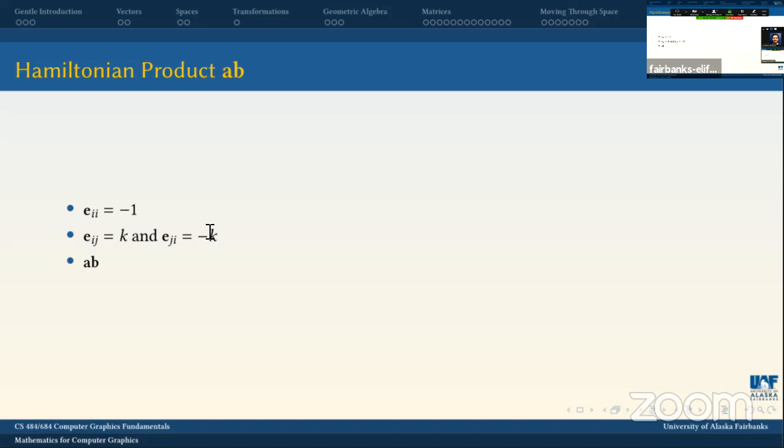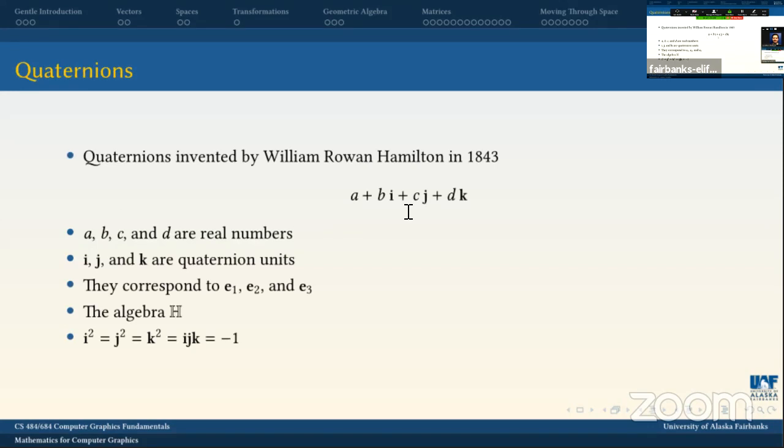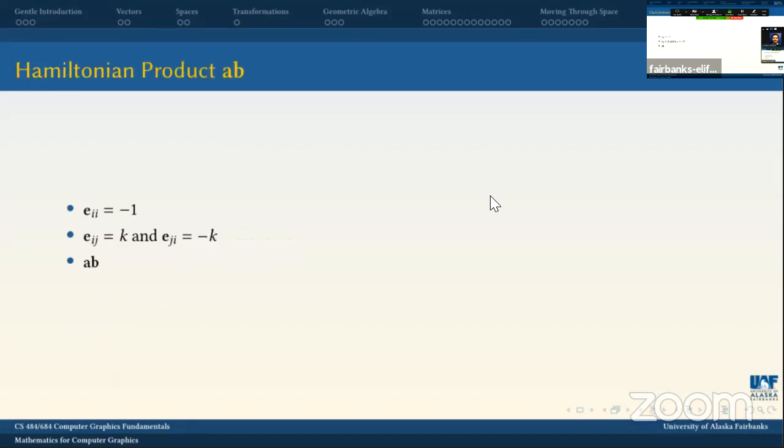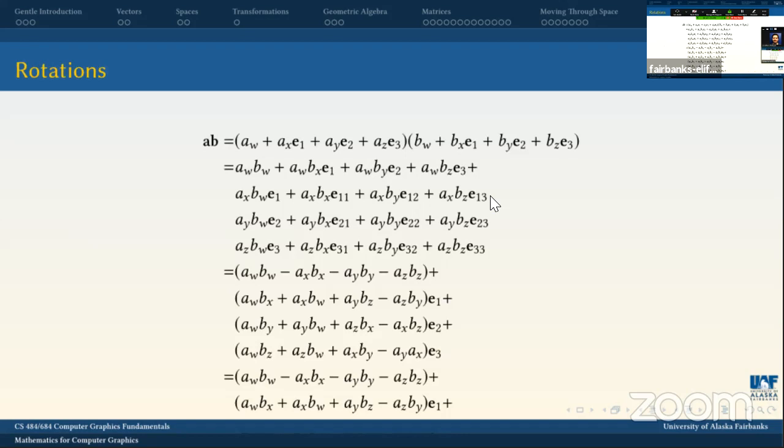Okay, so now we're interested in actually calculating the product of two of these quaternions. If we have the form a plus bi plus cj plus dk, how do we multiply two of these quaternions together? And what does that do for us? So here's the worked out math, if you will. I have these two quaternions, and I use the exact same kind of math that we used for the geometric algebra.